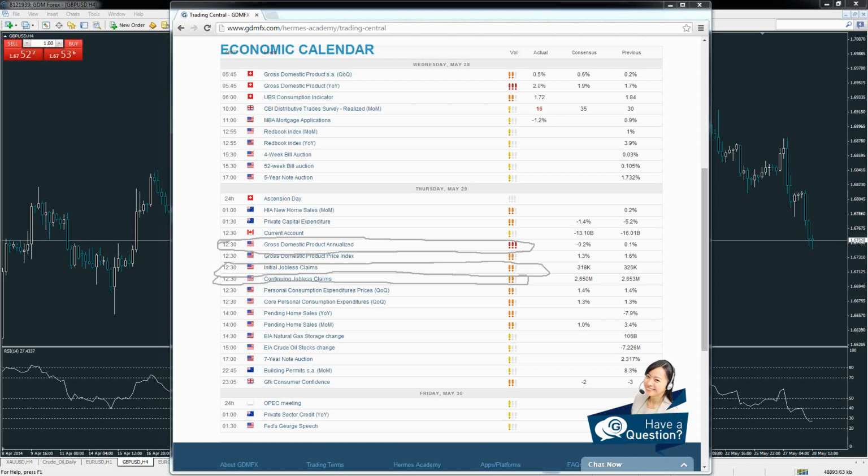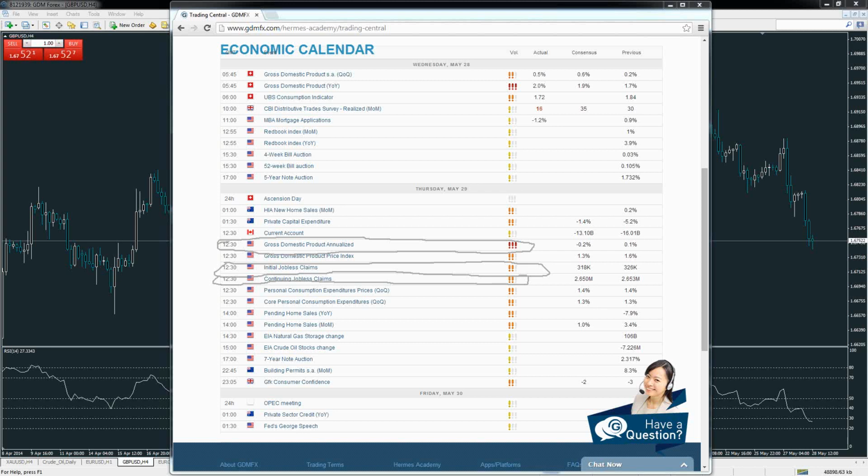Moving on to a very important part, that's the core durable goods orders. Now, this is usually released in the last week of the month. Core durable goods measures the change in the total value of new orders for long-lasting manufactured goods, excluding, of course, the transportation items.